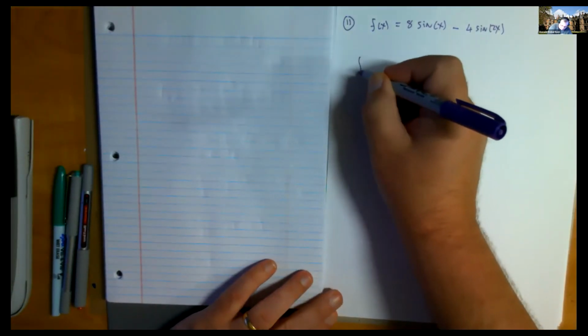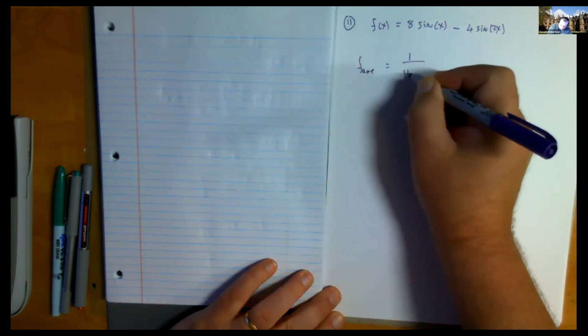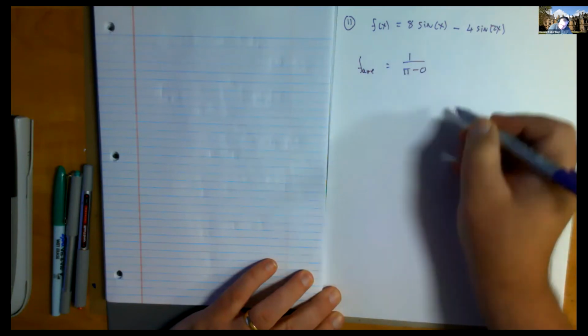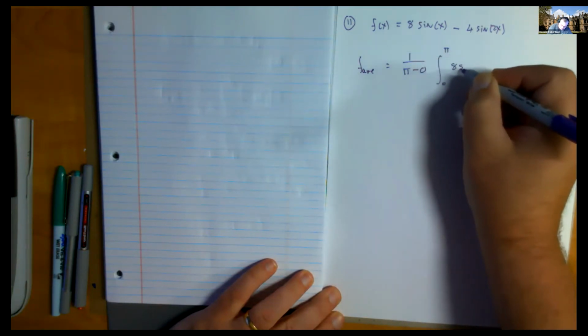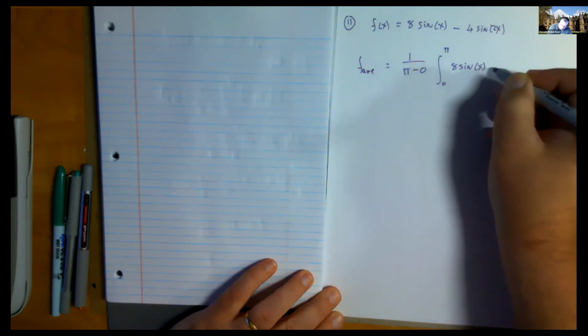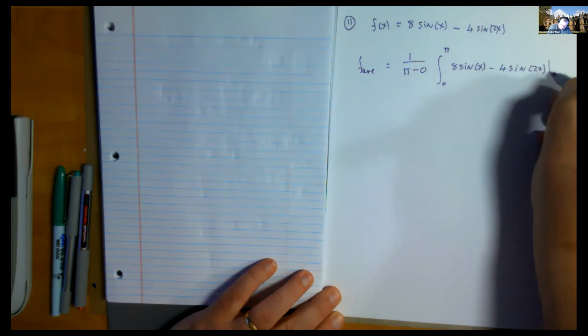Well, the average value of this function is going to be 1 over pi take away 0, the integral from 0 to pi of 8 sine x take away 4 lots of the sine of 2x dx.